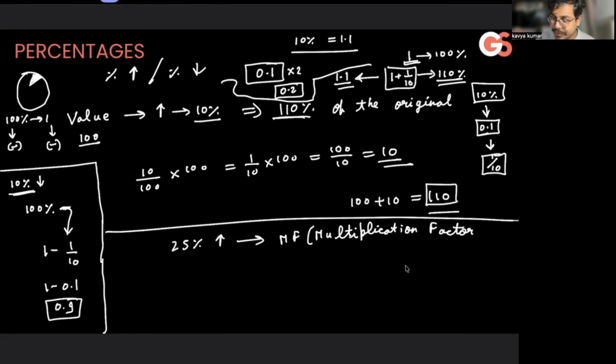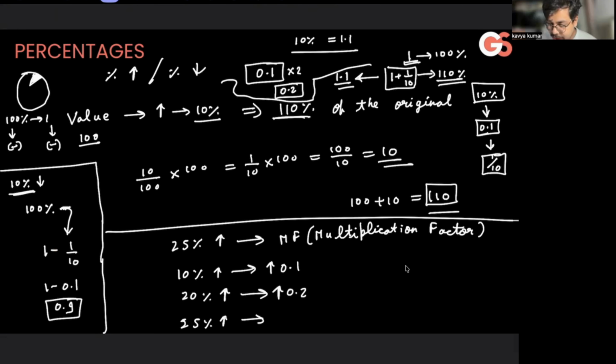If there's a 25% increase, so what happened in 10%? In a 10% increase, it increased by 0.1. What happened in 20%? It increased by 0.2. So in 25% it will increase by how much?